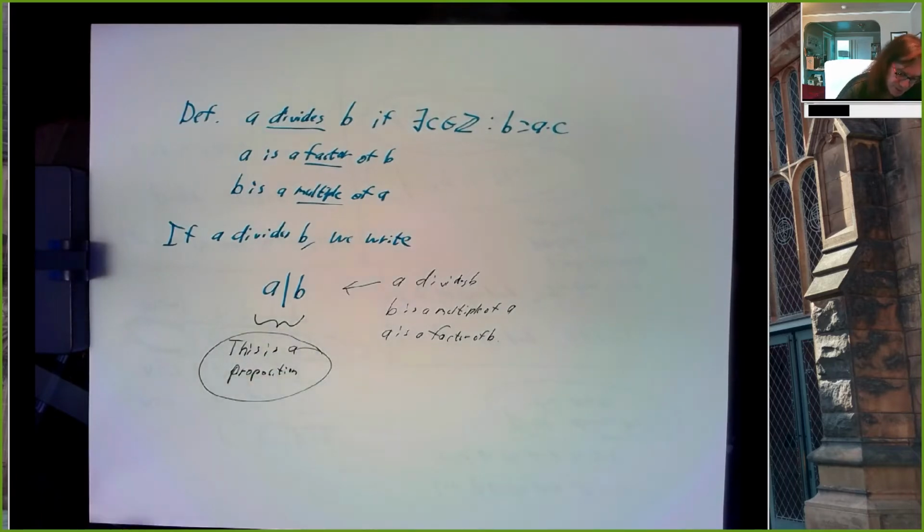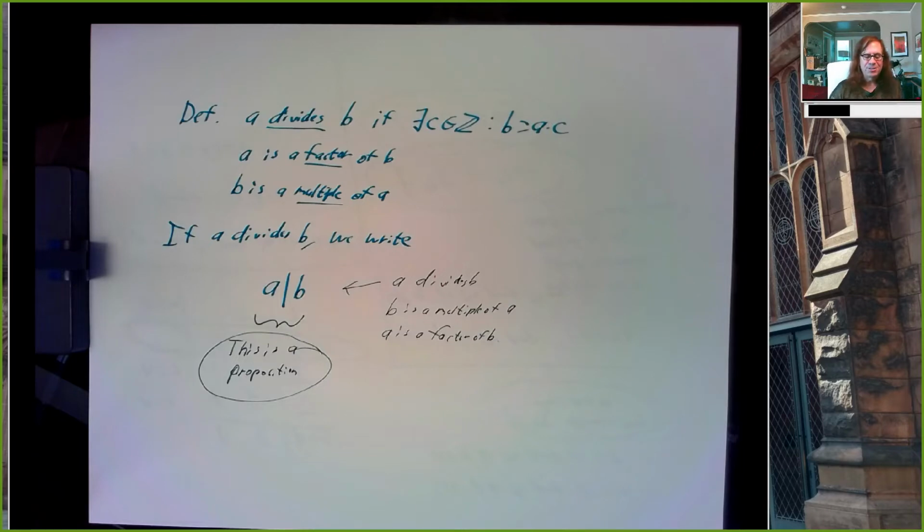This is a proposition. It's not an arithmetic operation. It's definitely not saying take A and divide it by B. It's not saying take B and divide it by A. It's not saying what's the remainder when B is divided by A. It's a proposition.